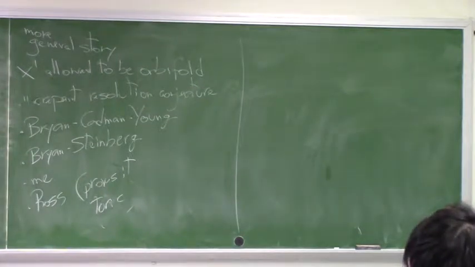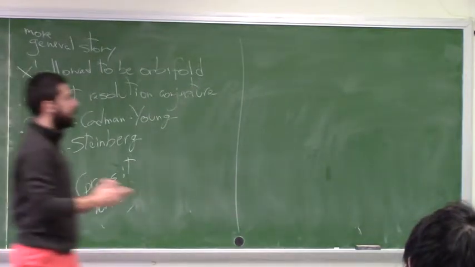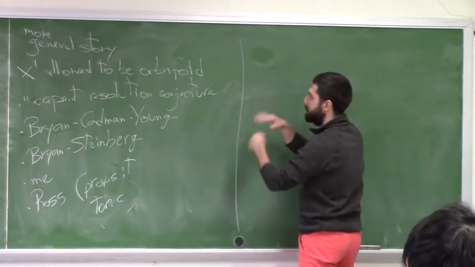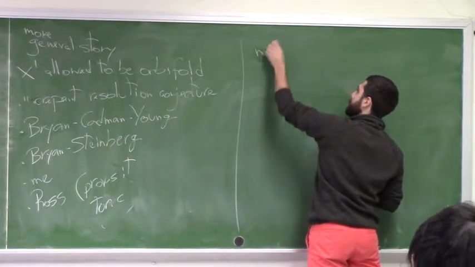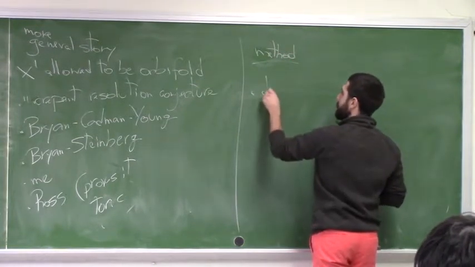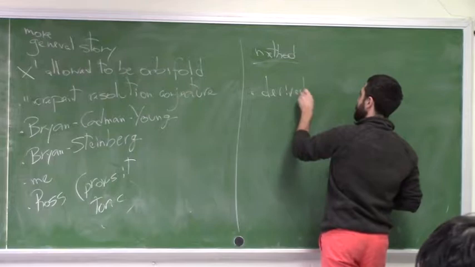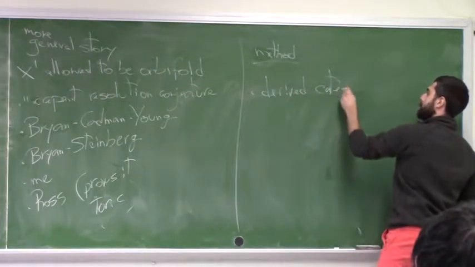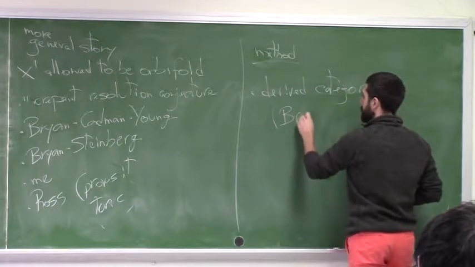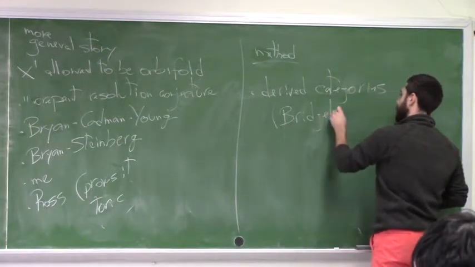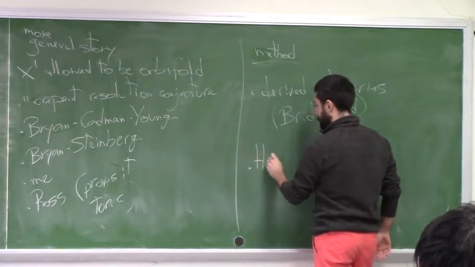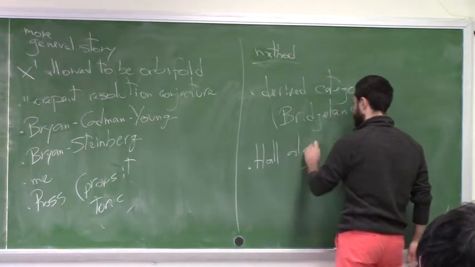Let me mention the methods. Again, this is just to give an outline and make sure I give credit. There are mainly two inputs. One is derived categories, and mainly this comes from work of Bridgeland. And then there are these motivic Hall algebras.